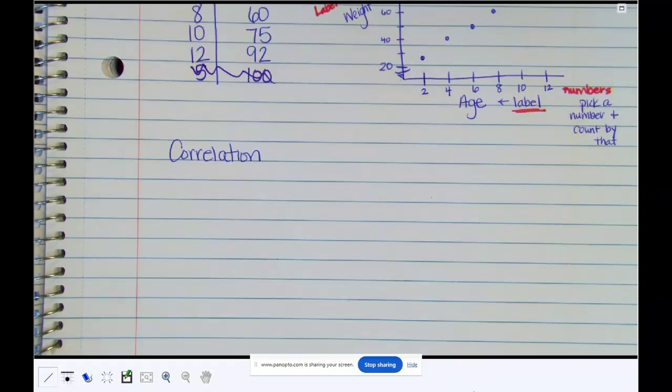So when we talk about scatter plots, there's something called correlation.